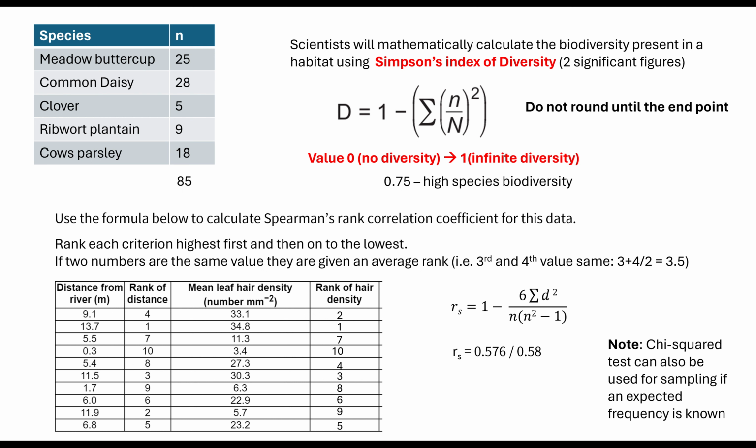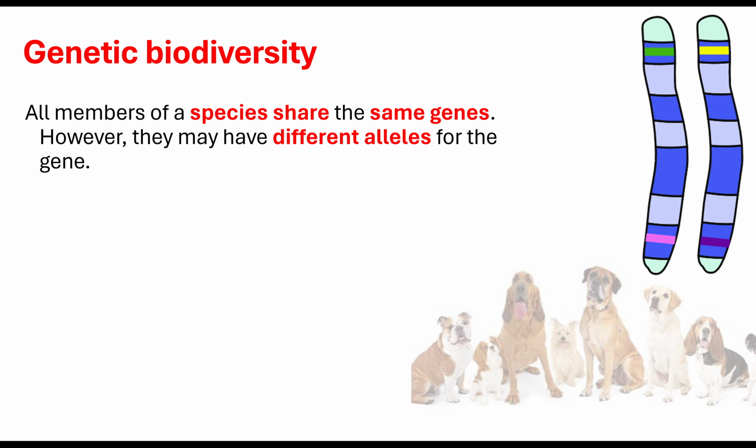Okay, so the next level is the genetic biodiversity then. All members of a species share the same genes. We know our chromosomes come in pairs, therefore we know our genes come in pairs. We know, however, that there are many different alleles for the gene.